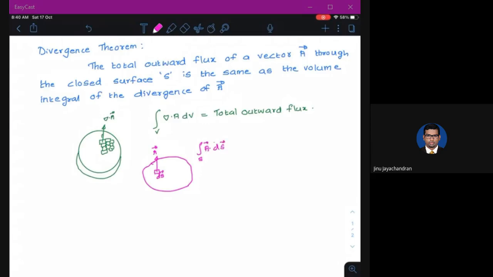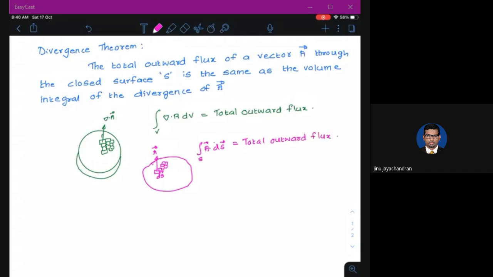Okay, so if you consider the whole surface, you can consider small strips like this, and you can add up the flux through each of the strips, and you will finally get the total outward flux of A through that surface. And both the divergence and the surface integral indicate the same thing. Okay, so this is also actually equal to the total outward flux.